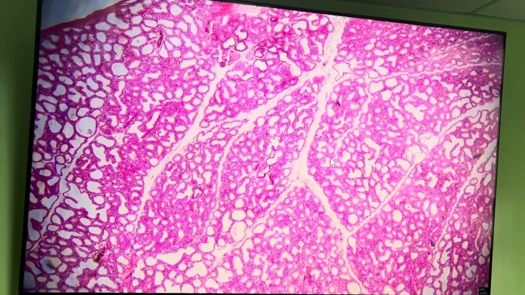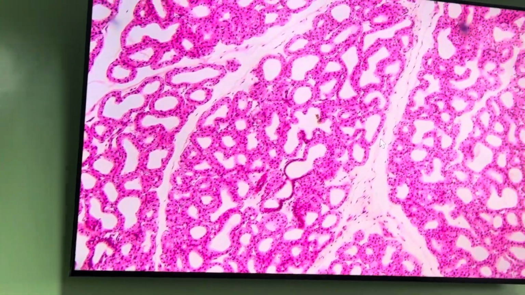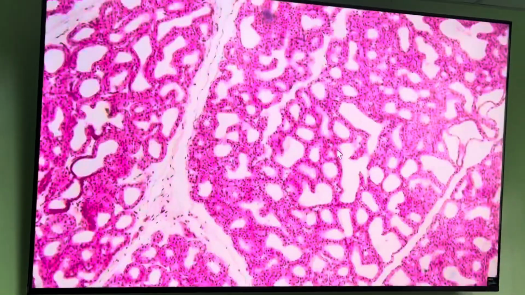Okay? And then we have the lacrimal gland. So for the lacrimal gland, its appearance is similar to that of the breast tissue, wherein you have a lot of tubulo-acinar glands, yan sila lahat. Okay.